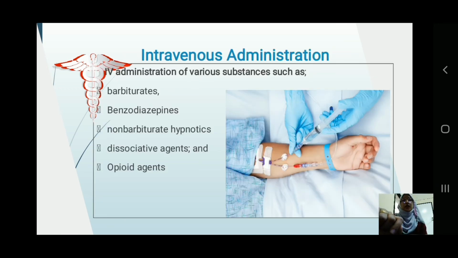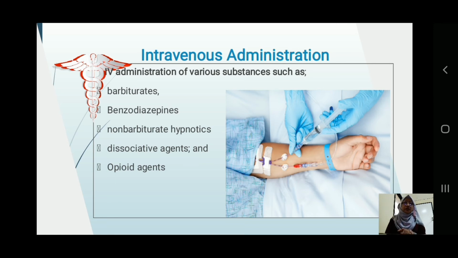So for intravenous administration, we have various substances such as barbiturates. Barbiturates means any of various drugs that are used to calm people or to make them sleep.